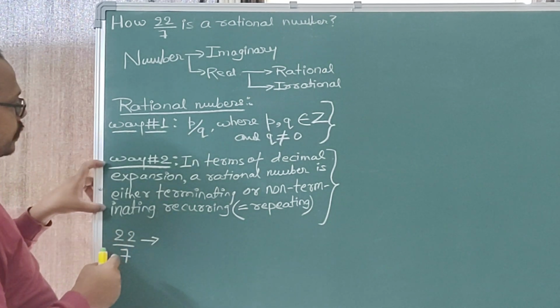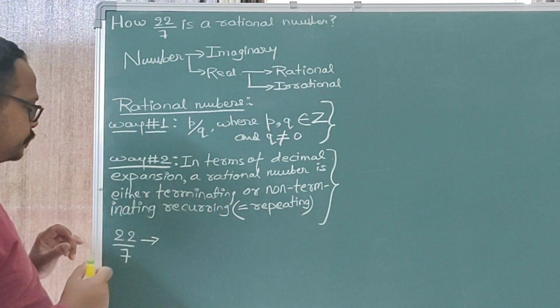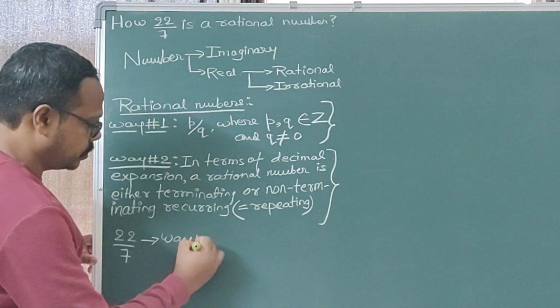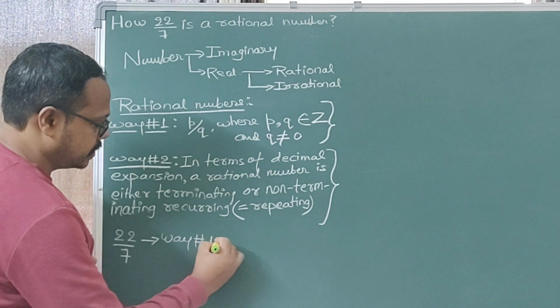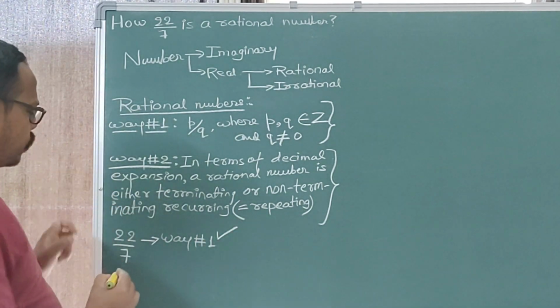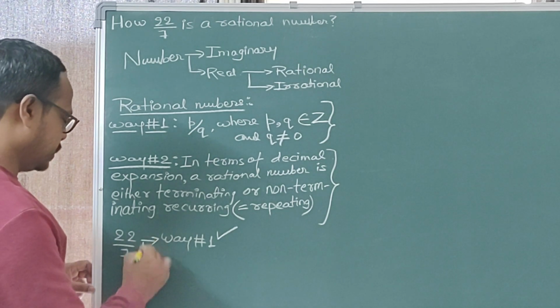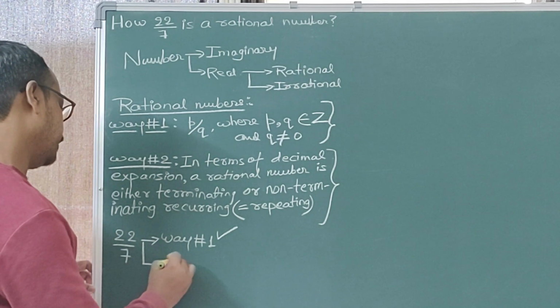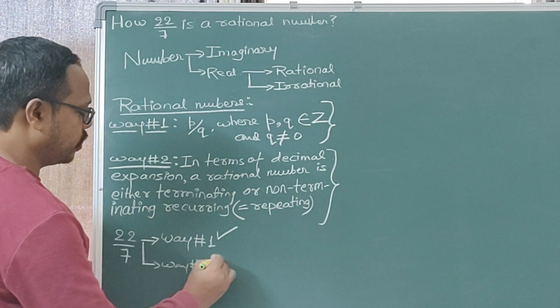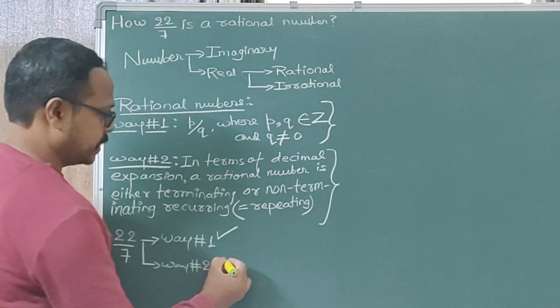So let us check in terms of decimal expansion. With way 1, yes, it is a rational number. In terms of way 2, is it a rational number? In terms of way 2, we will try to find out the value of 22 by 7.